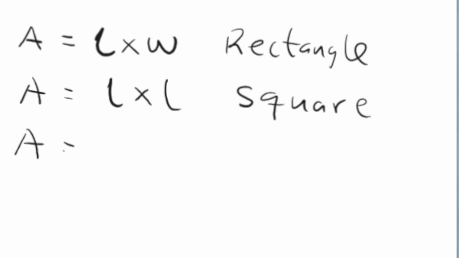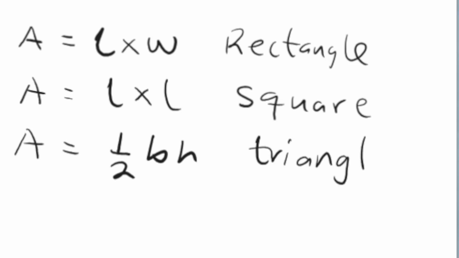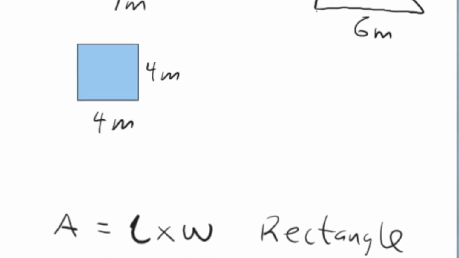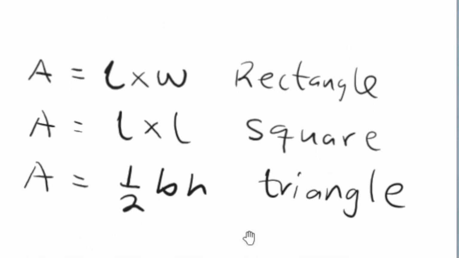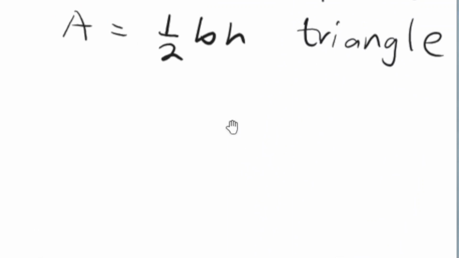And area is equal to half base height, that is for a triangle. So use this to solve these three questions. I hope you can solve these three questions now.